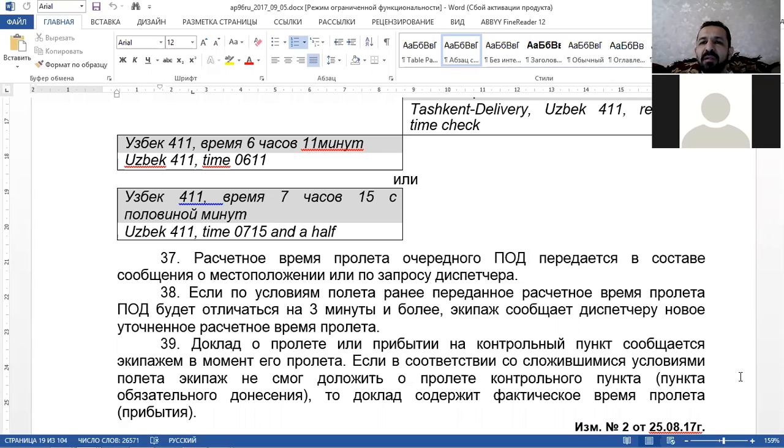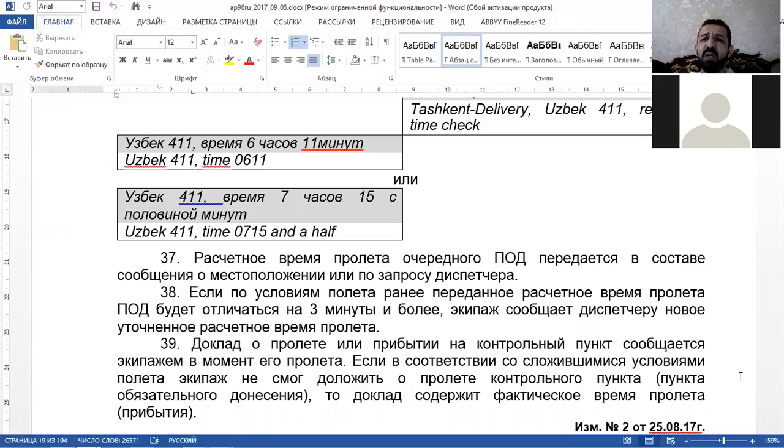Is it necessary to say the half? Yes, it is necessary, according to the rules for accuracy. Accuracy is 30 seconds. If your watch shows 0611 and 15 seconds, you may say just 0611. If your watch shows 11 minutes and 25 seconds, you should say 0611 and a half.